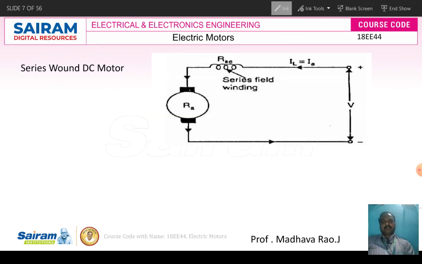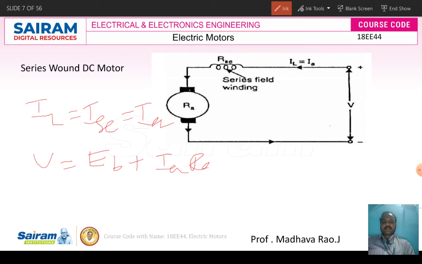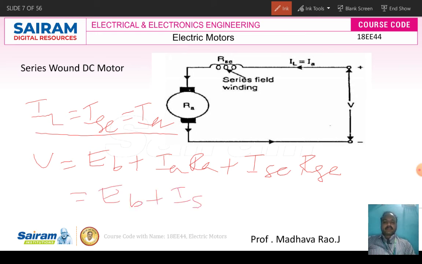In this type of DC motor, the line current is equal to the series field current and armature current. Here the terminal voltage V is equal to back EMF plus IA RA plus the drop in the series field, ISC into RSC. Since these currents are equal, we can also write the terminal voltage as EB plus IA into (RA plus RSC).